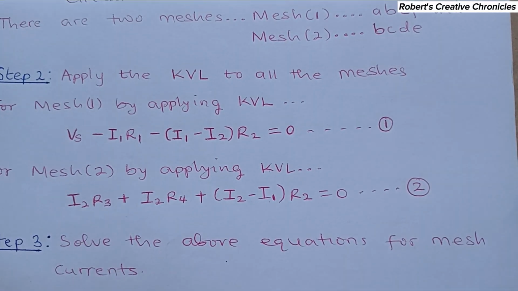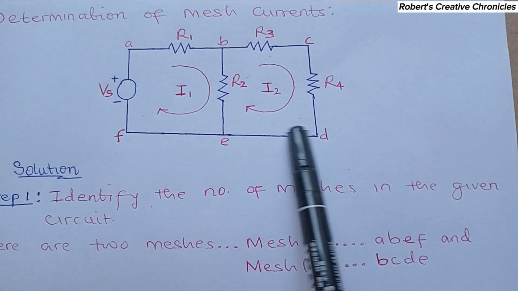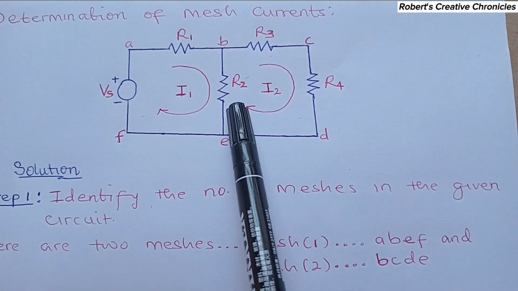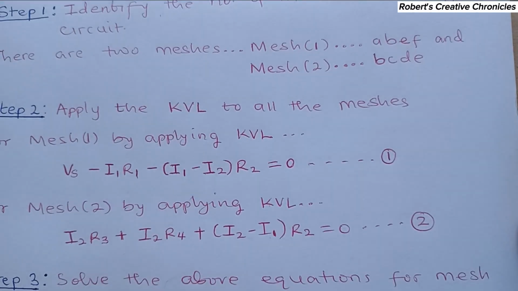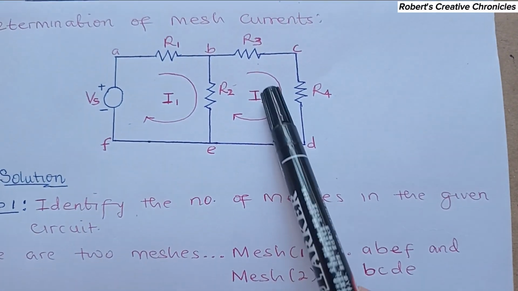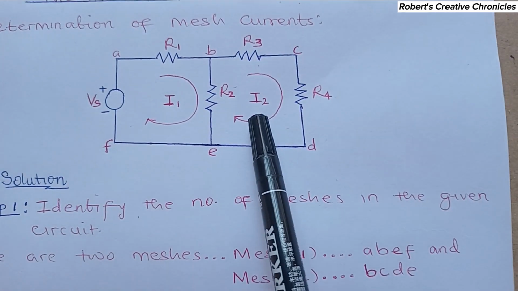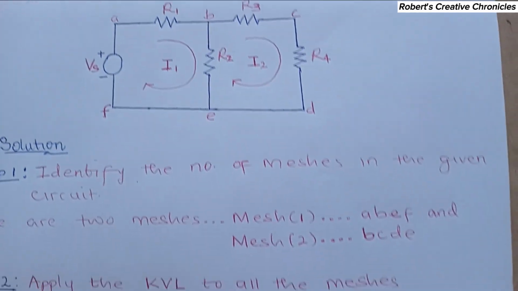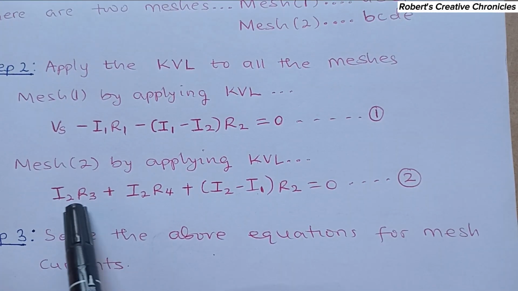Then the next mesh, applying KVL to mesh 2. Okay, we'll start with R3 here. The current flowing through this is negative I2 times R3 because we are moving from higher to lower potential, so it's negative.